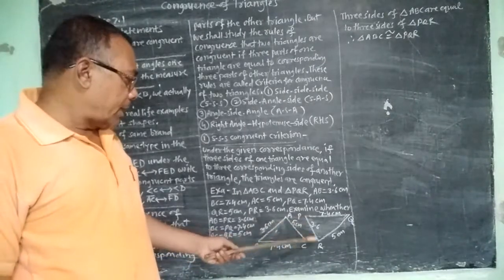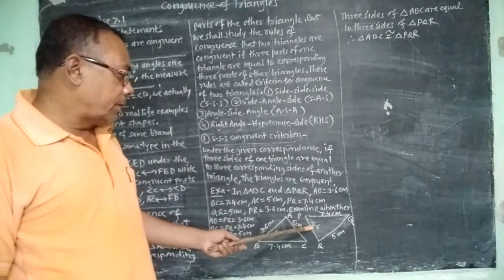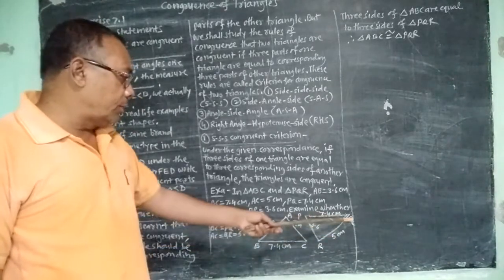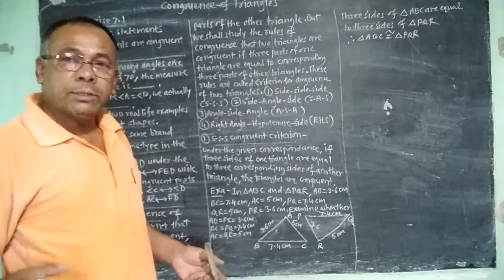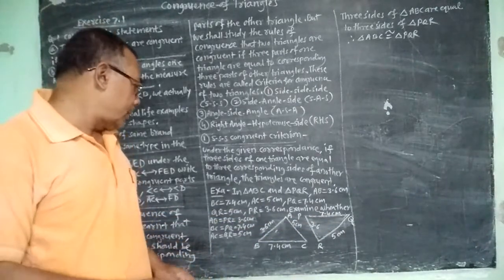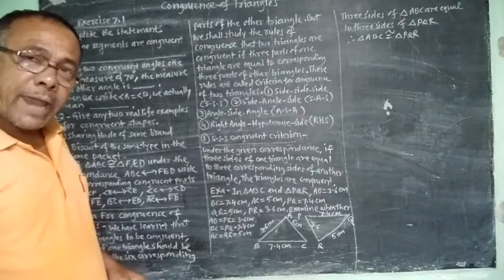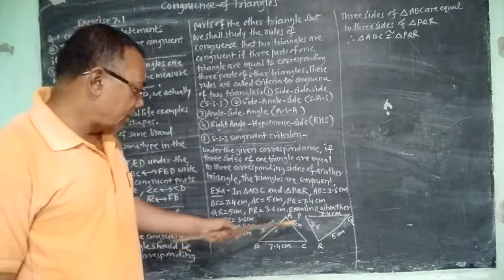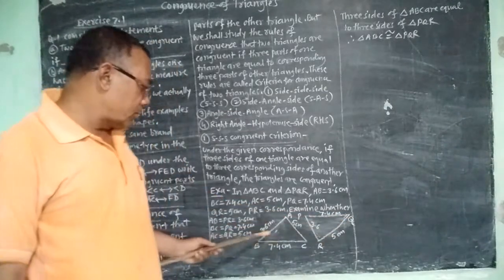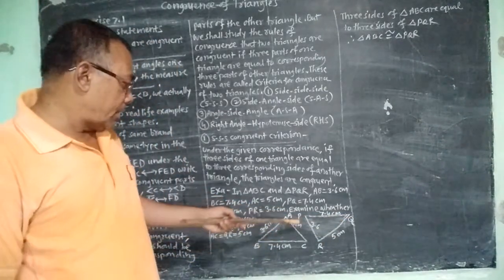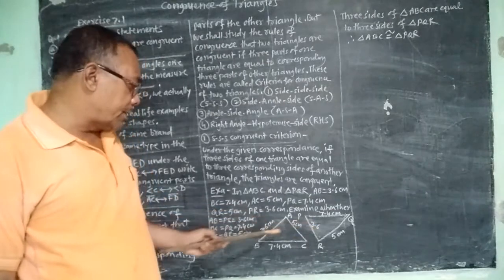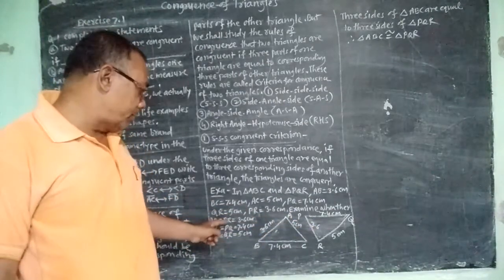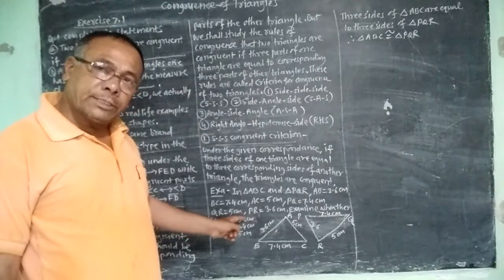Then PR is 3.6 centimeter, RQ is 5 centimeter, and PQ is 7.4 centimeter. Then we can write that AB equal to PR because PR is 3.6 centimeter, AB is also 3.6. So AB is equal to PR is equal to 3.6 centimeter.